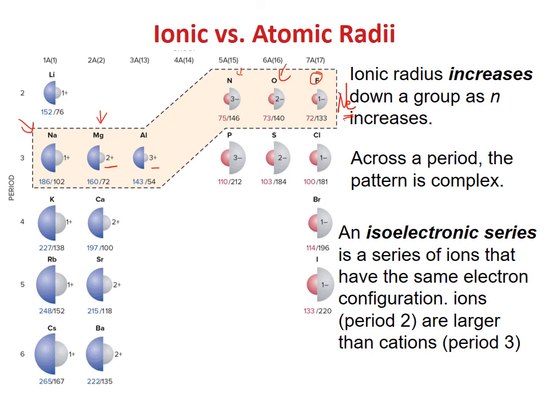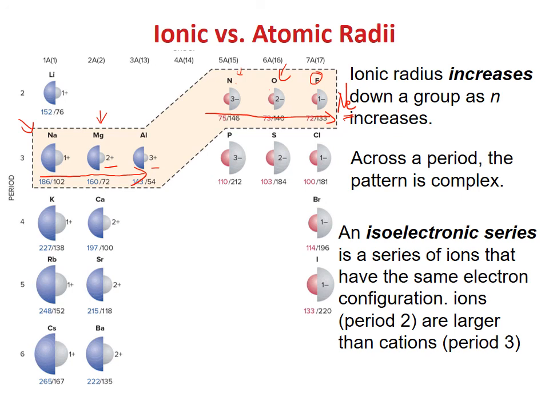However, these ions have different numbers of protons. Oxygen has one more proton than nitrogen. Fluorine has one more than oxygen. Sodium has one more than fluorine. So when we go from nitrogen to oxygen to fluorine, to sodium to magnesium to aluminum, these cations or anions all have the same electron configuration but different protons.